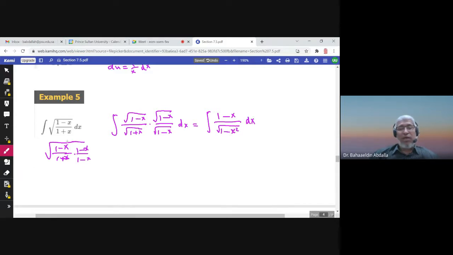And now, to answer this problem, the derivative of 1 minus x squared is negative 2x.